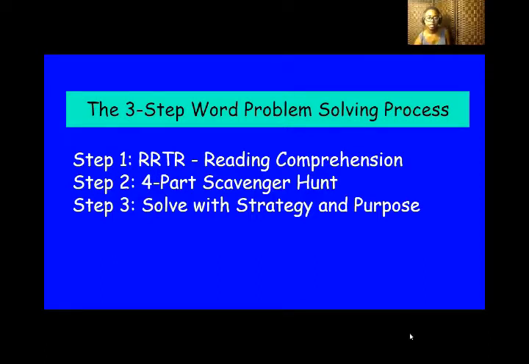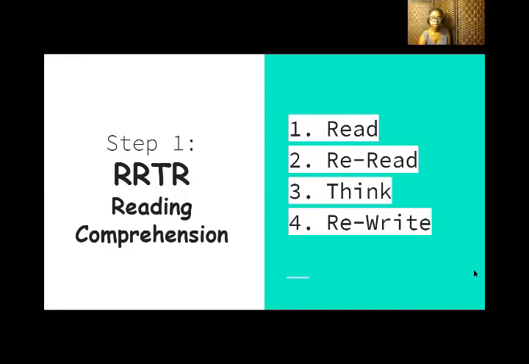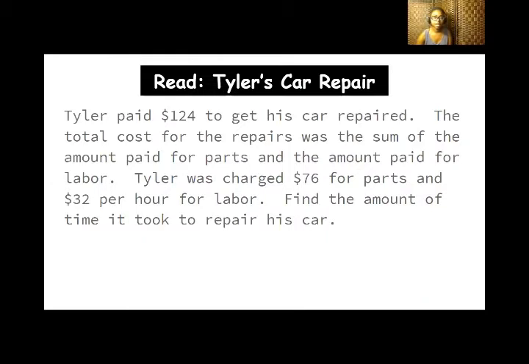So let's continue. In step 1 for reading comprehension, we're going to read first, then second, reread, then third, think about it, and then fourth, rewrite it. So let's get started by reading the question.